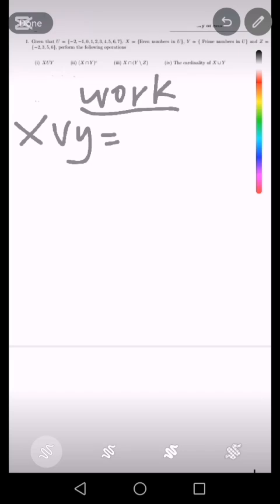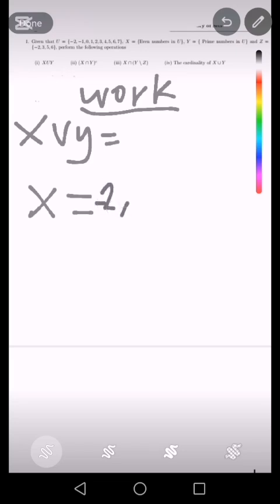First we will start by listing the elements of x. We said x is the even numbers in u, the universal set. What are the even numbers? These are numbers which are divisible by 2, including 0.